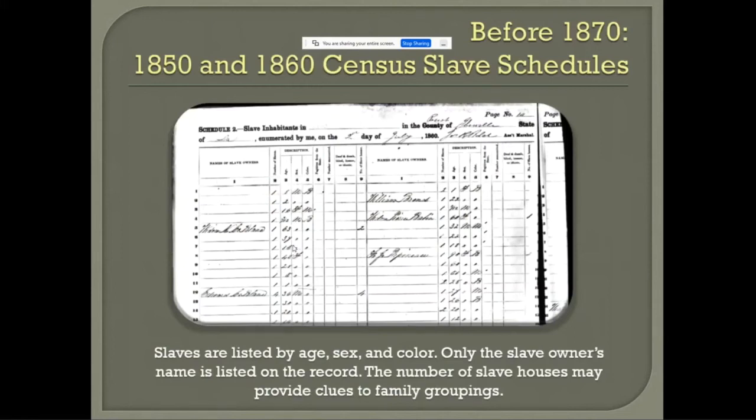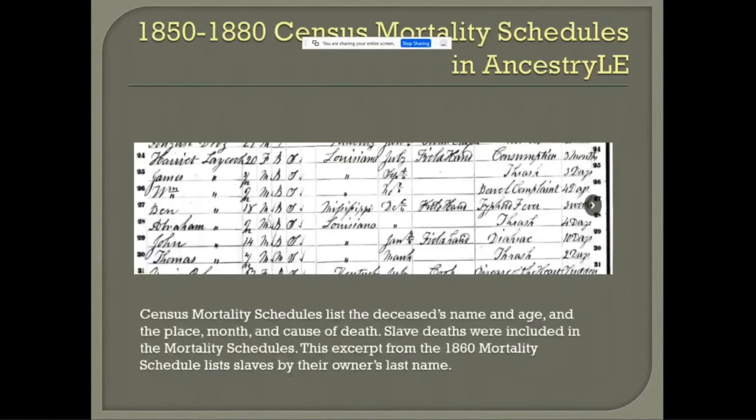But if it's a small enough scale and you're pretty sure that that's your slave owner, then you might be able to determine whether the name you're associating with your person was a slave owner. And then you'll know where to look in property records and notarial records for that person.